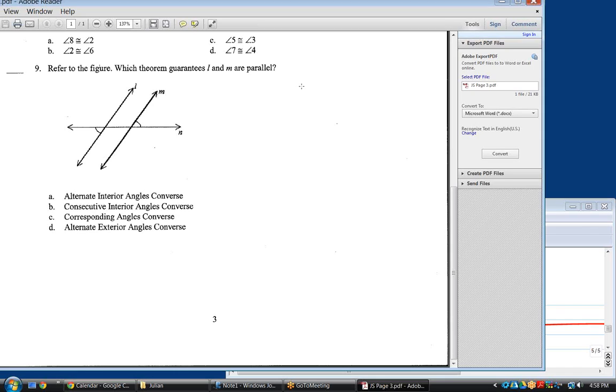Are these exterior or interior angles? Exterior. Very good. And you're right, it is D.